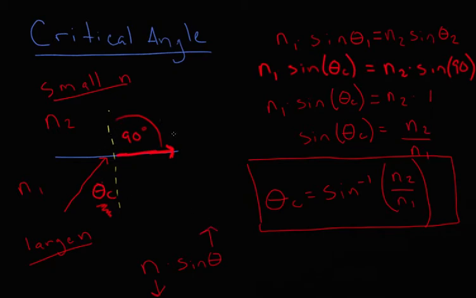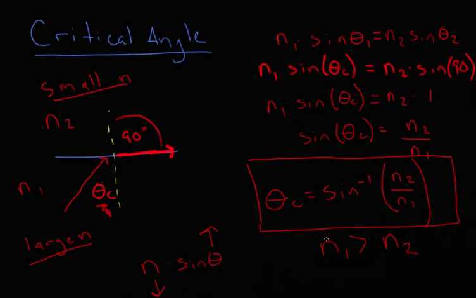But your angle can only go up so much, eventually it's going to hit 90 degrees and it will not refract anymore. So your n1 has to be greater than n2 for this to work. If you try and do it the other way, it literally won't work in your calculator. It's mathematically undefined, and that's what will come back in your calculator.